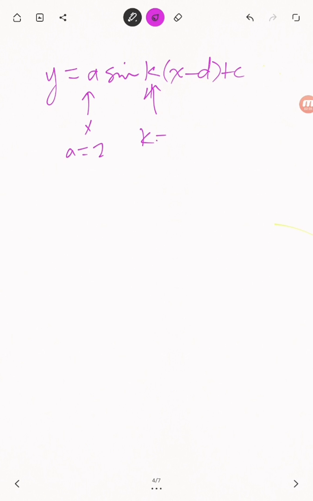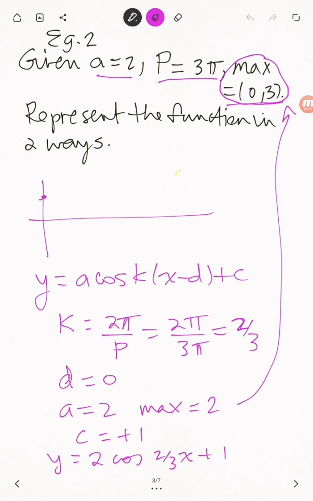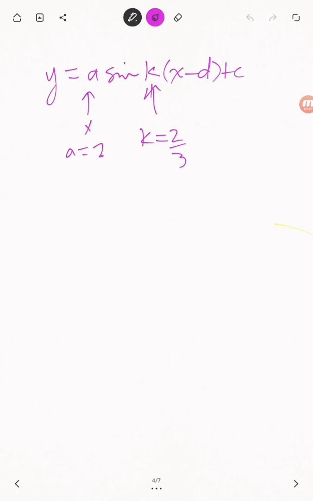No, the k value is still 2/3, as we found on the previous page with our formula for k, which depends on the period. There may be a phase shift because sine doesn't start in the same place as cos, but my c value, the vertical shift, will not change, so that's still +1. So the only thing I need to deal with is the phase shift.